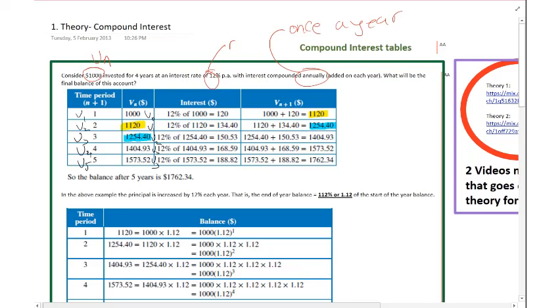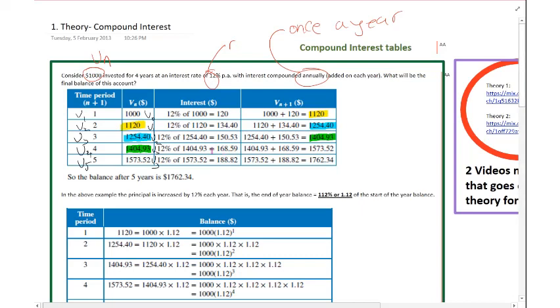Then I do 12% of that, and I get 150.53, and that gives me a total of 1404.93. And I use that same number here.